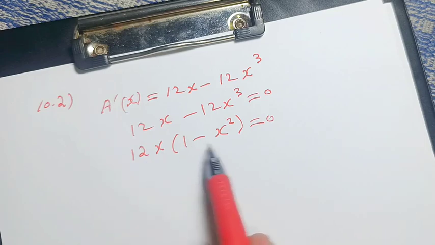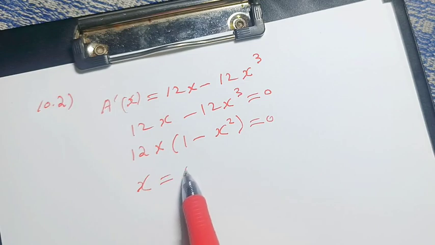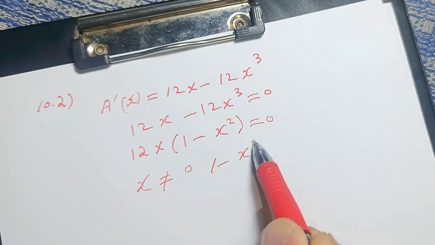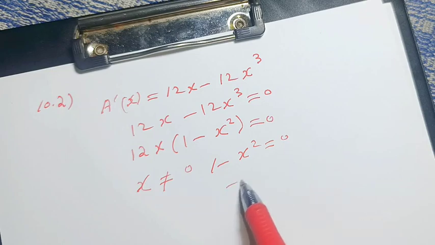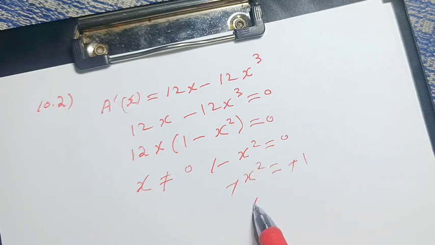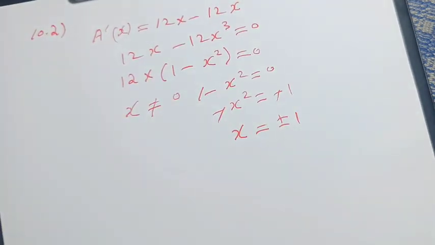So 12x equated with 0, so x is equal to 0. And if you need to find the area, x shouldn't be equal to 0. And then 1 minus x squared, I'm going to equate with 0. So the negative x squared becomes negative 1, negatives cancel. So x becomes plus or minus 1. This is my x value.